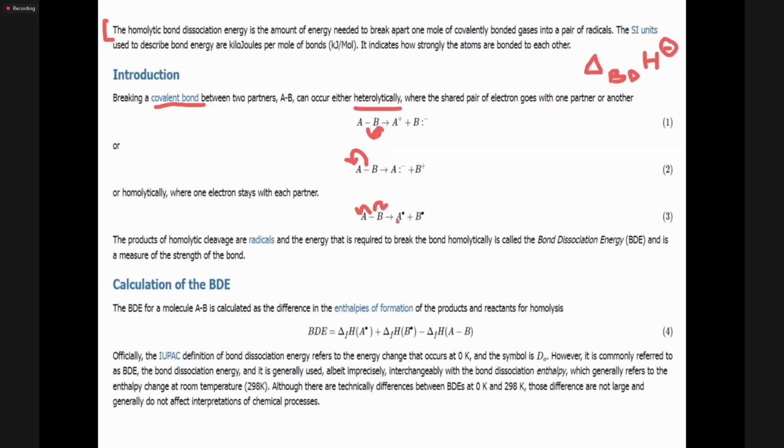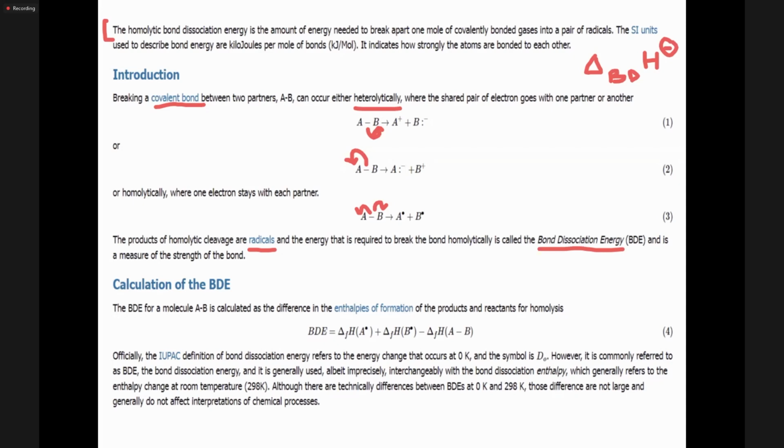This dot refers to a radical species. The products of homolytic bond cleavage are radicals, and the energy needed to break the bond homolytically is called the bond dissociation energy, in short BDE.